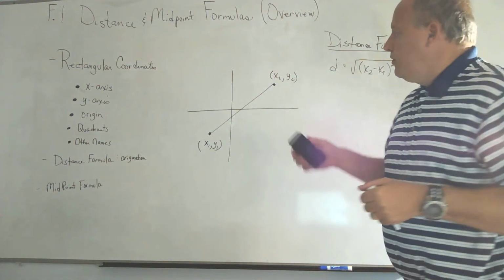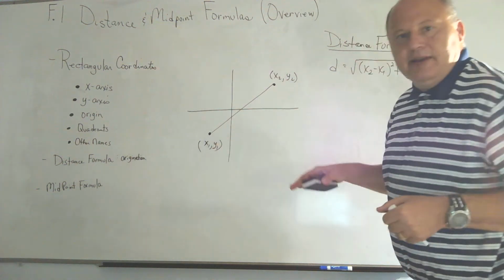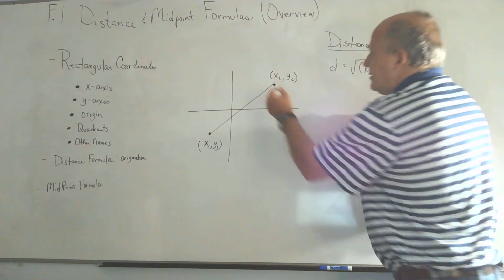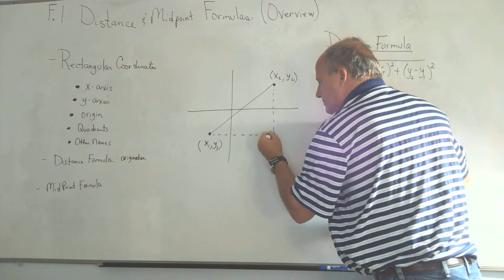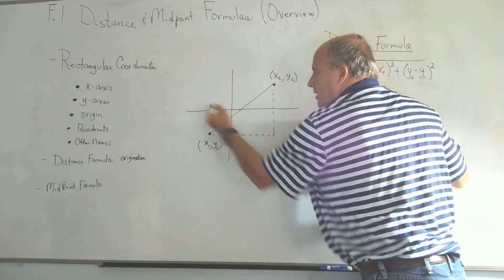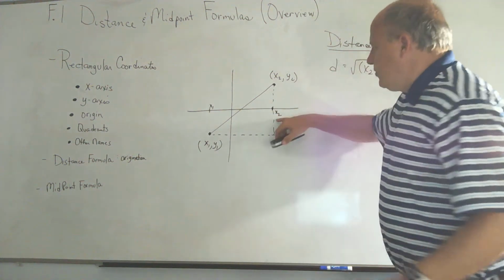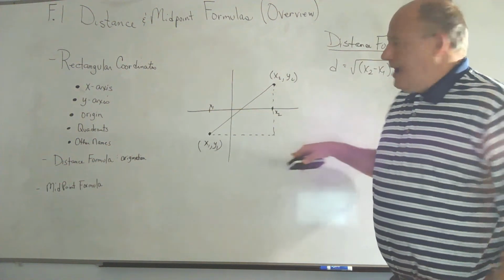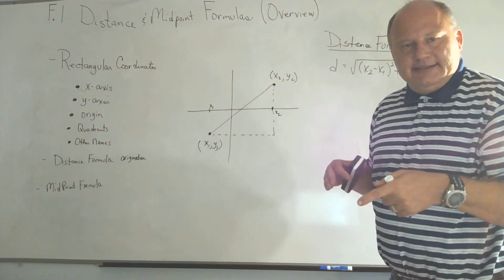So what you do is you take these 2 x coordinates right here, subtract them, and you find that difference. Well, that difference, guys, is nothing more than this distance from here to here. So here's the x1, and here is the x2. This x2 is on the right side of x1 on the number line, and when you subtract x2 minus x1, you found that distance.